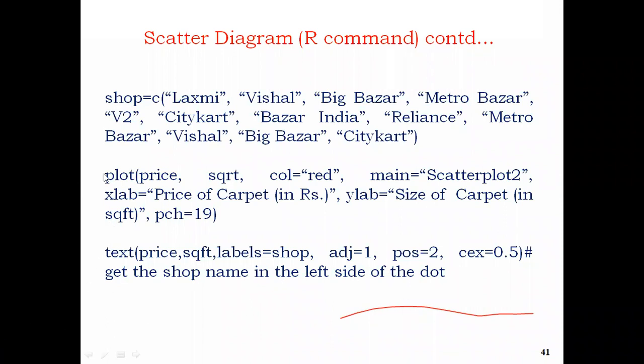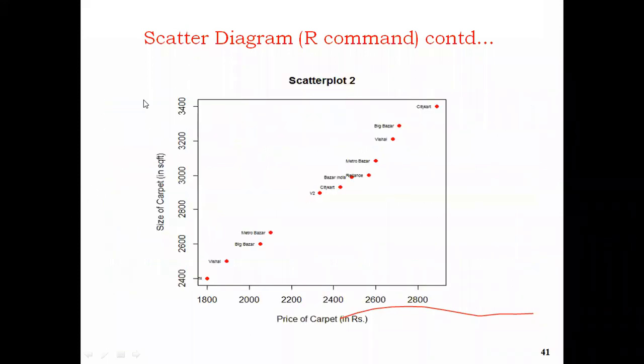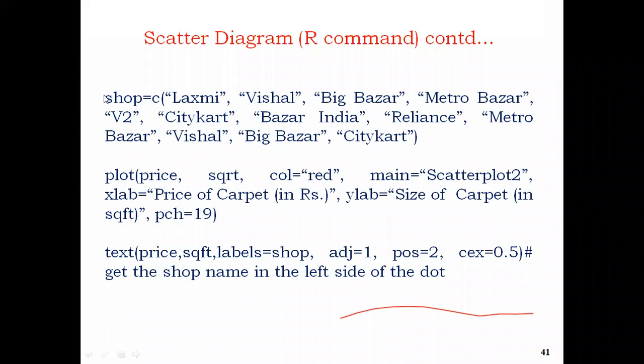Just the R command is only from here, shop up to this bracket. Okay, this is your R command, just to get the shop name on the left side of the dot.